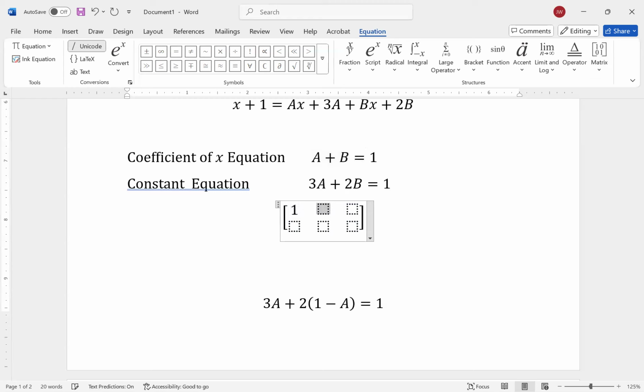So I get 1, 1, 1. That represents my first equation. My second equation gives me 3, 2, 1. I have to line up the A's in column 1, the B's in column 2, and the constants in column 3. So A, B, constant would give you 3, 2, 1 as your second row of the augmented matrix.